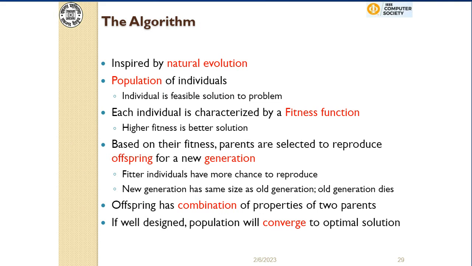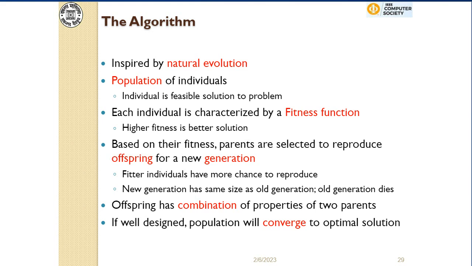Then you evaluate the fitness based on some objective function, and then you create new generations depending on the fitness function. Just sort the fitness values, choose some better solutions, and then go for some operations on them to give rise to different offspring, with the conjecture that the offspring are going to give you better outcomes. So that is a process which is inspired by natural evolution.